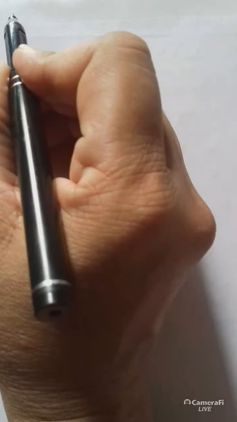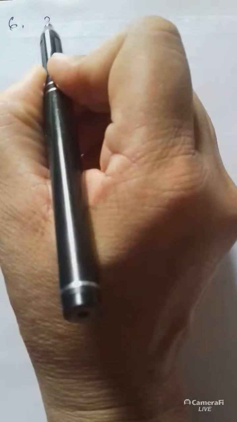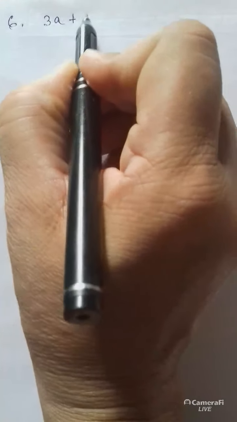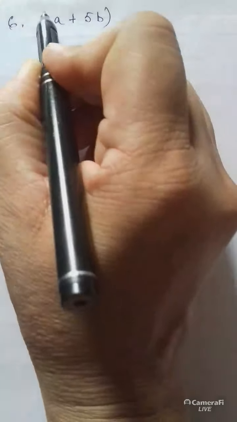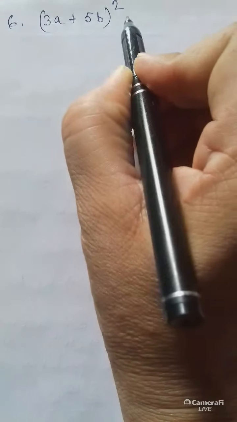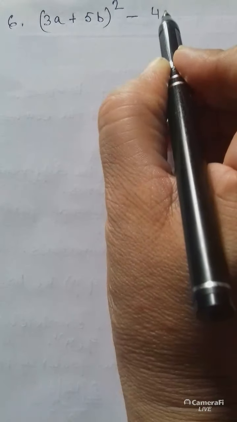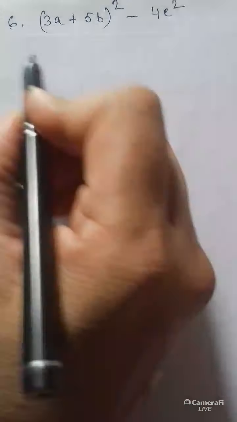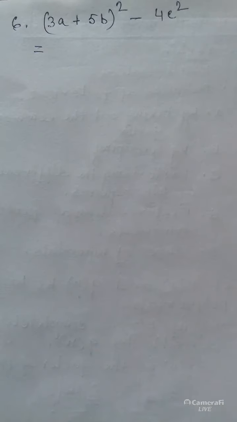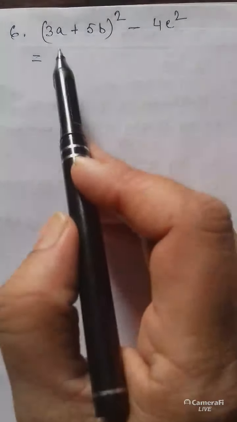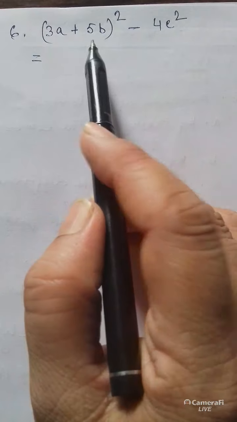Now next math. 3a plus 5b whole square minus 4c square. 3a plus 5b whole square is already in the square form.